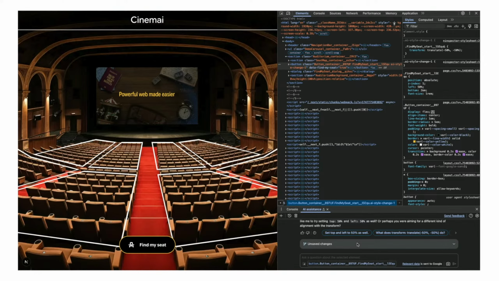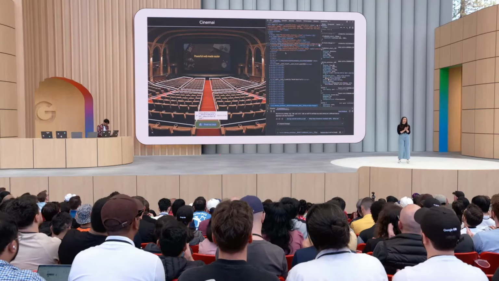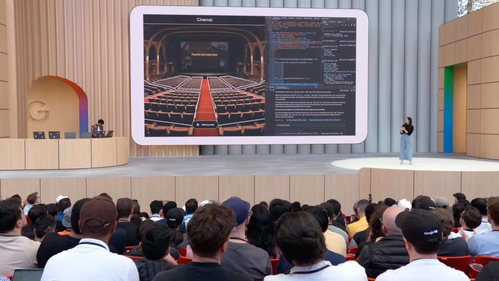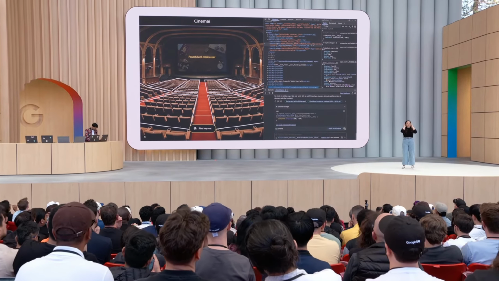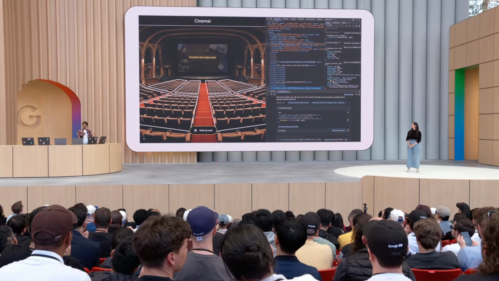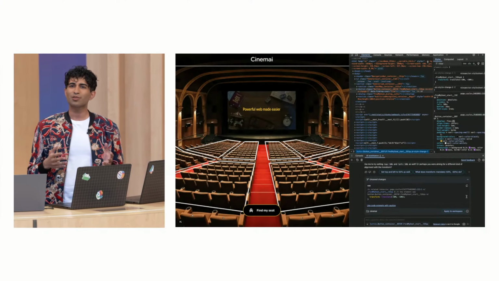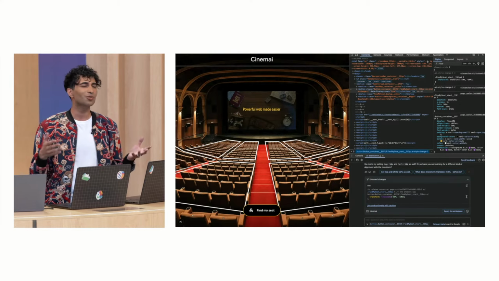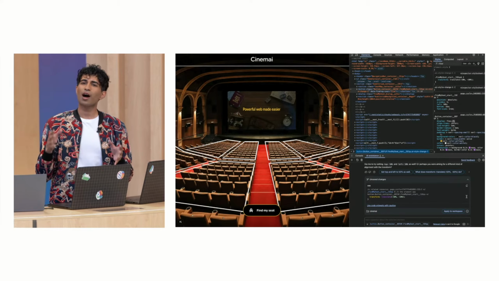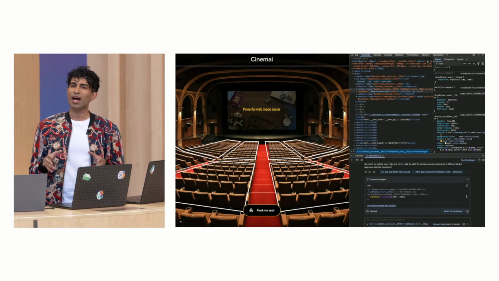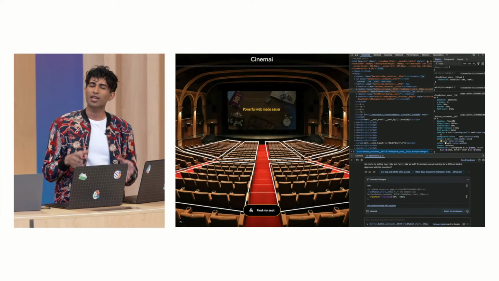All right, so it centered it for us. And now normally I'd copy this fix, I'd switch back to my editor, I'd find the right file, locate the right spot in the code, you know the usual drill. But with Chrome 137, AI assistants can actually create and apply a fix directly from DevTools.